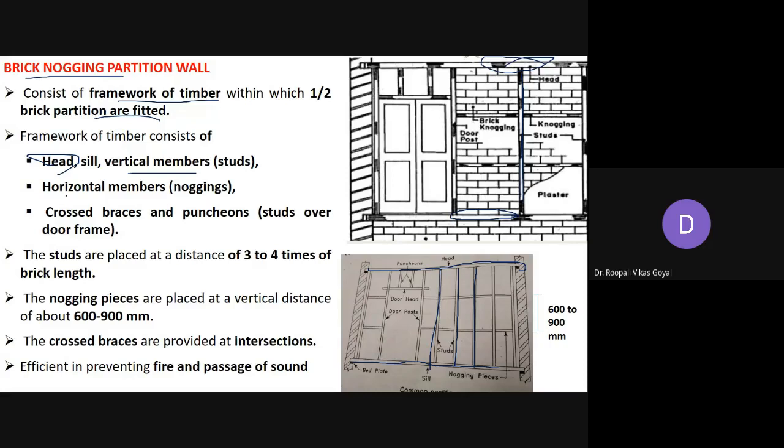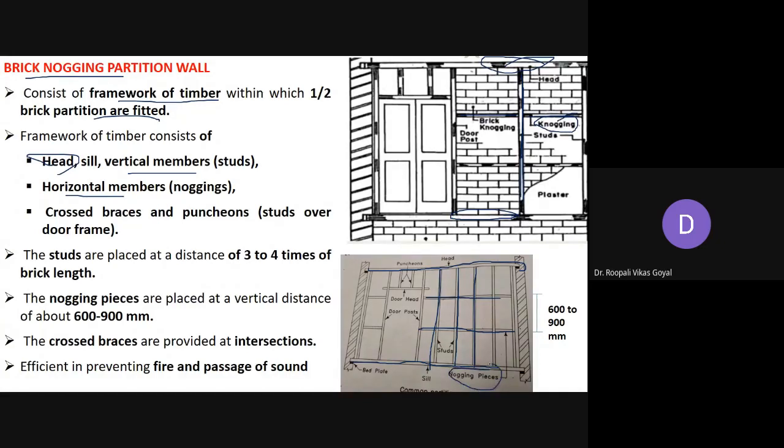Then horizontal members, which are called nogging. So after the vertical members, you have horizontal members. Here these are the horizontal members, which are called nogging. And here it is called nogging pieces.